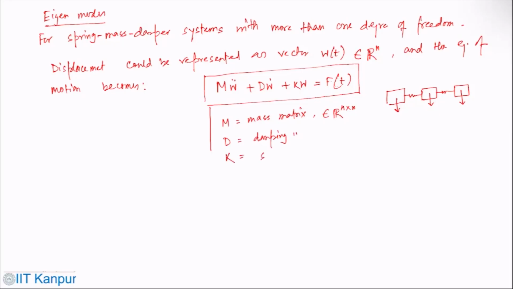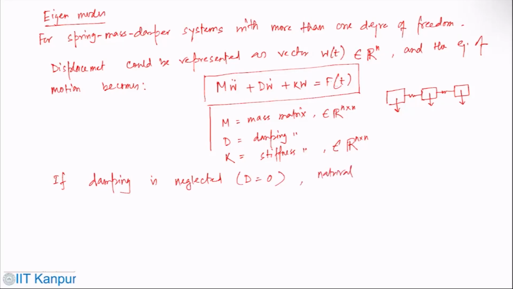K is the stiffness matrix, with n by n. Now, what if damping is neglected? That is, D = 0.